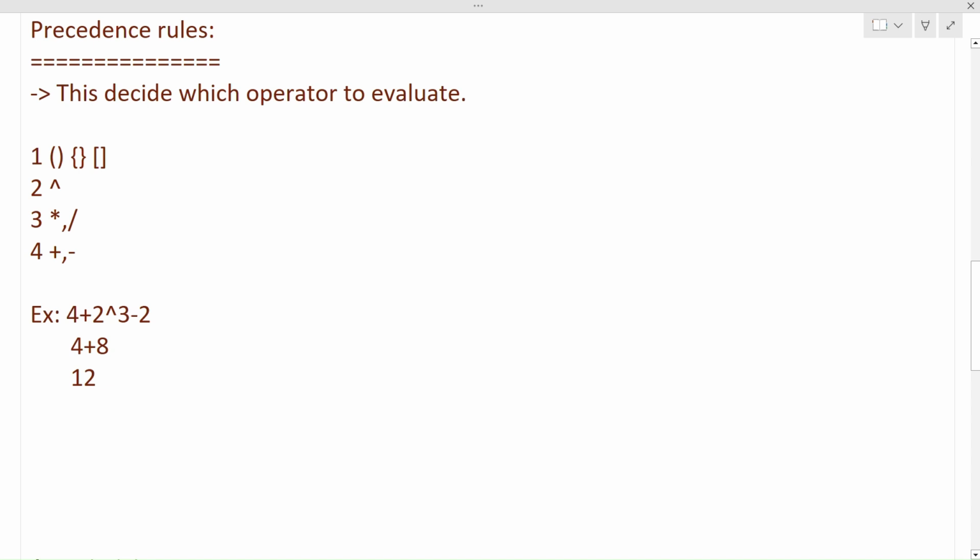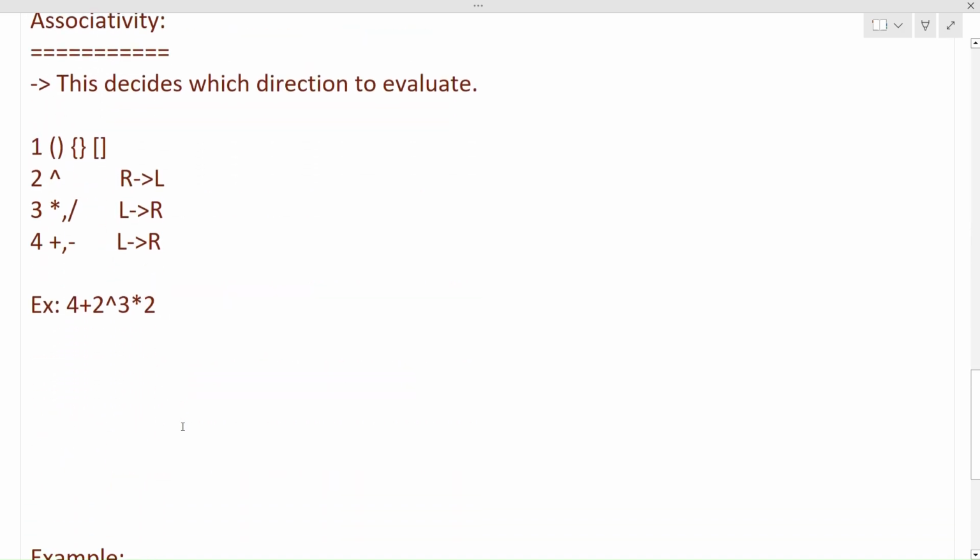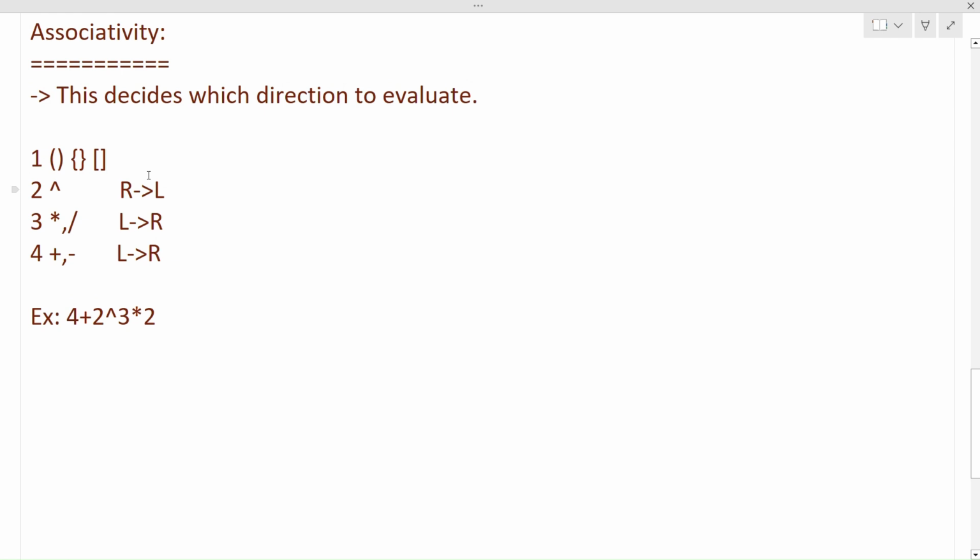As you can see here, first we will evaluate 2 power 3, that is 8, and here we now got 2 minus 2, but plus and minus are on the same level. Then which one do we need to consider first and how do we evaluate this? Here the question comes, and to solve that we have associativity rules. This decides the direction of evaluation.